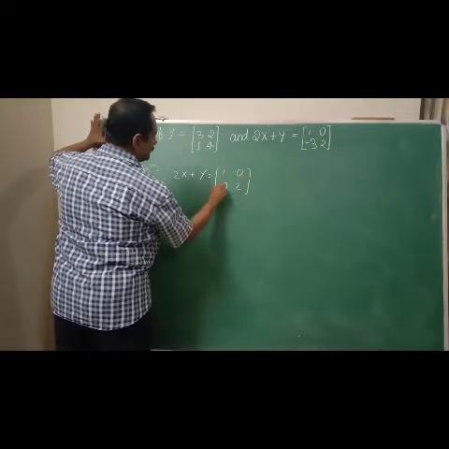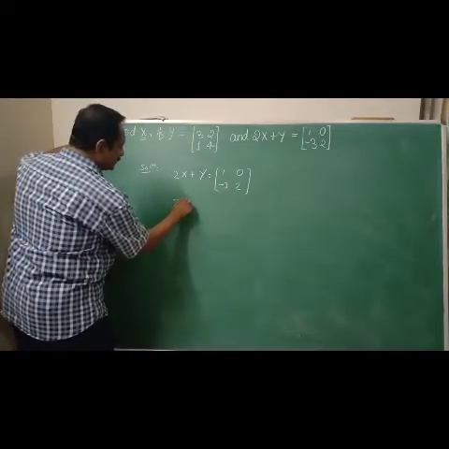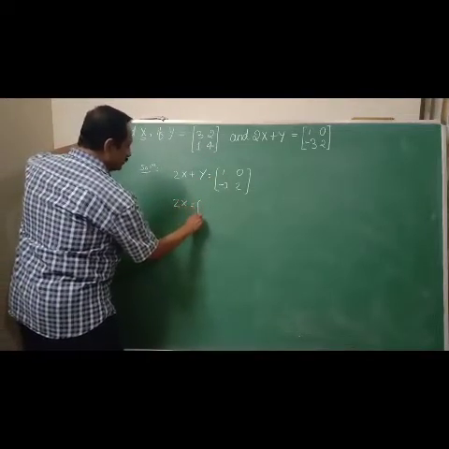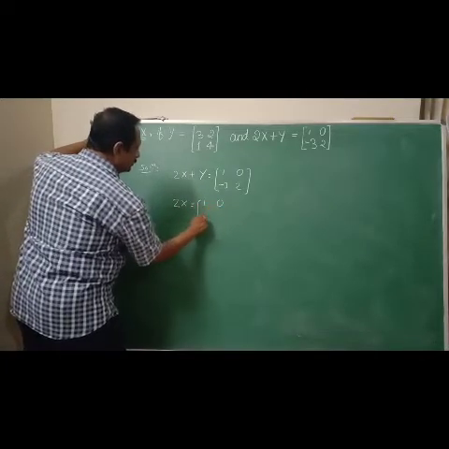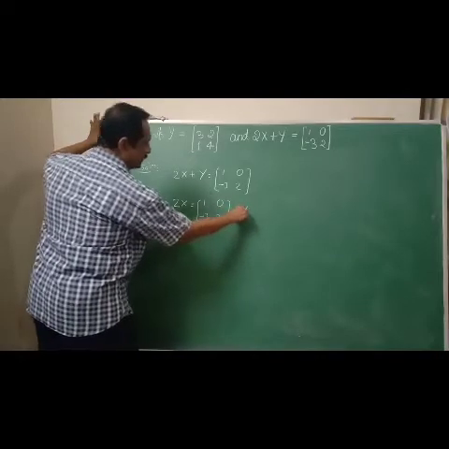This is the given equation. Taking Y to the right-hand side, 2x is equal to [1, 0; minus 3, 2] minus Y.